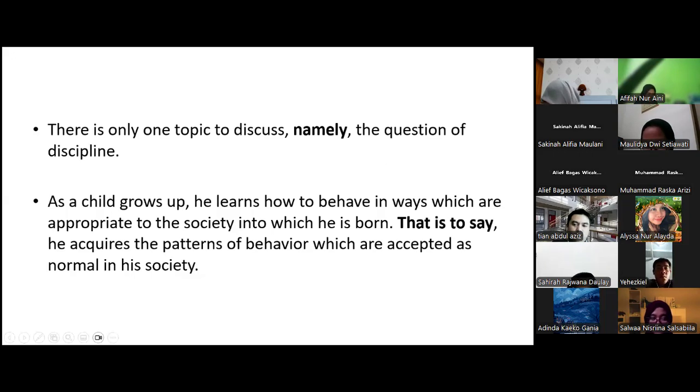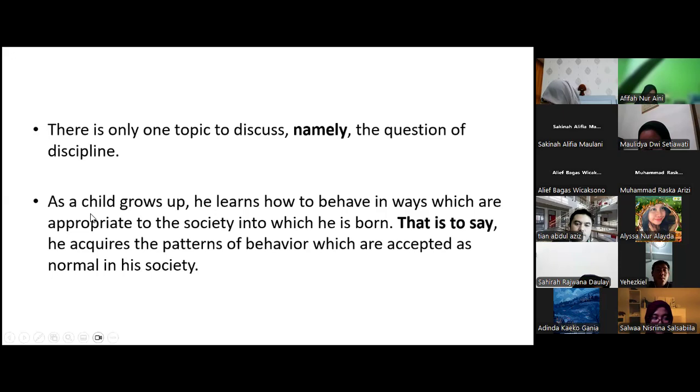That is to say, he acquires the patterns of behavior which are accepted as normal in his society. Okay.